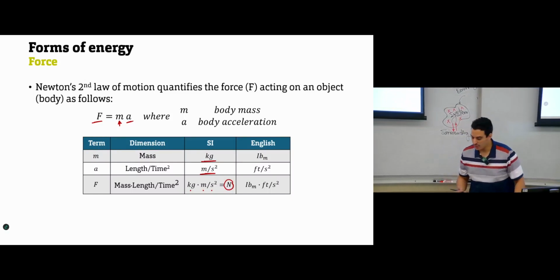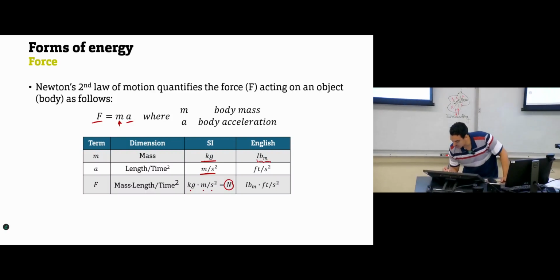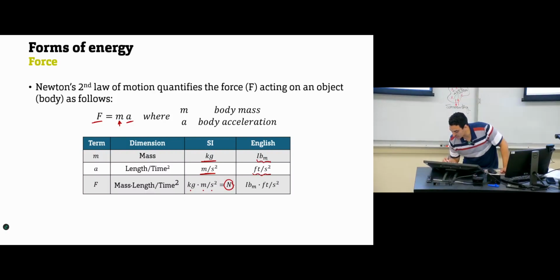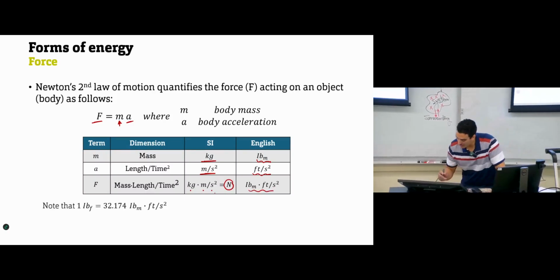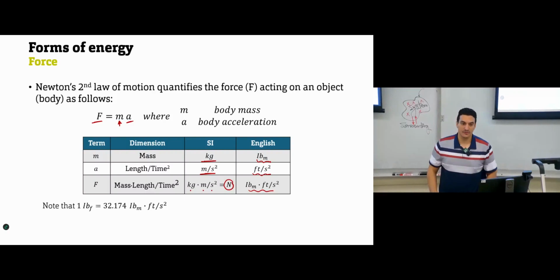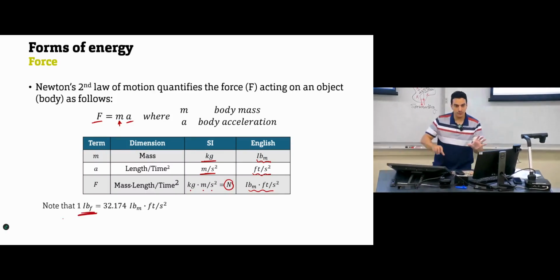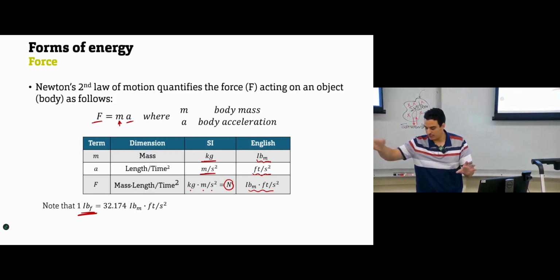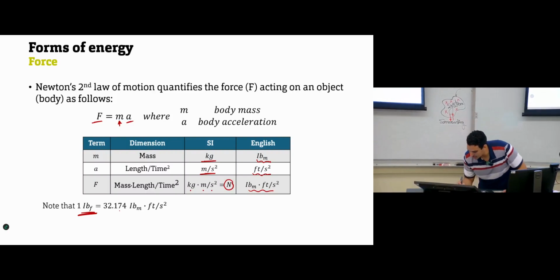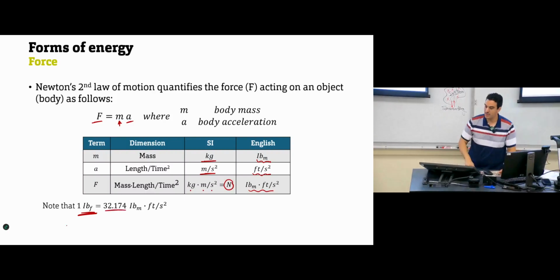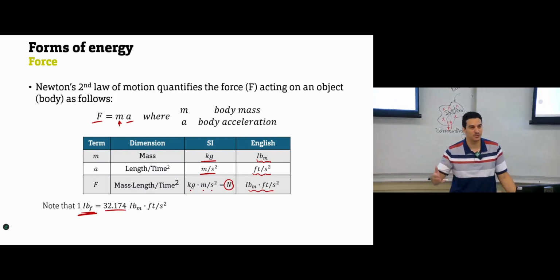In the American system, mass is pound mass, acceleration is feet per second squared, so the force in the American system is pound mass feet per second squared. We have one of the famous units that you will see, called pound force. 1 pound force is not 1 pound mass feet per second squared, but 1 pound force is 32.174 pound mass feet per second squared. So sometimes in the problems you will see a force with magnitude 10 pound force, for example.